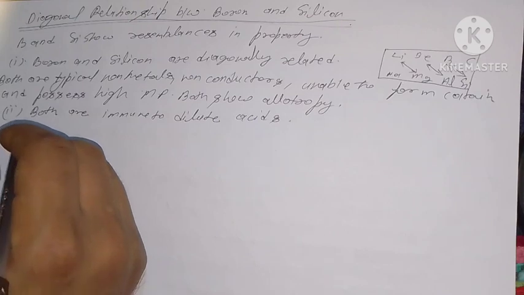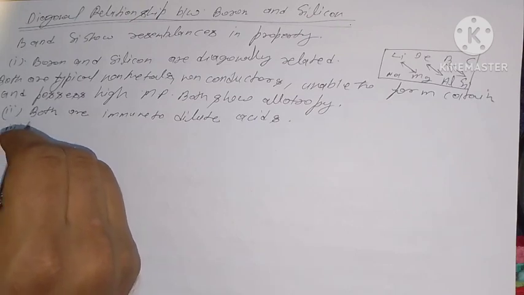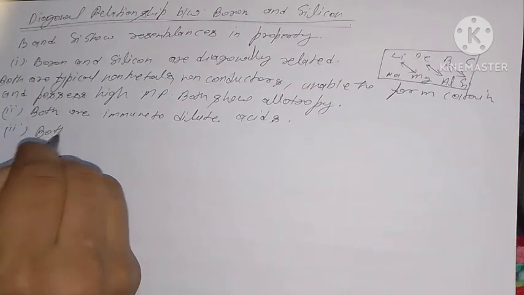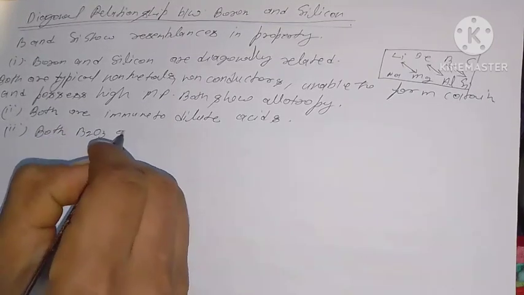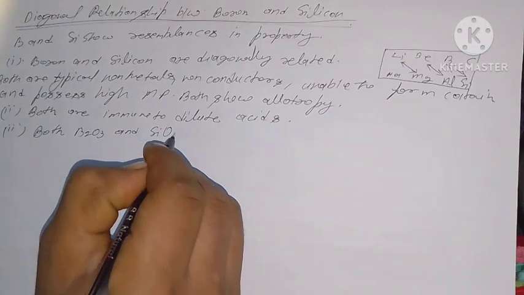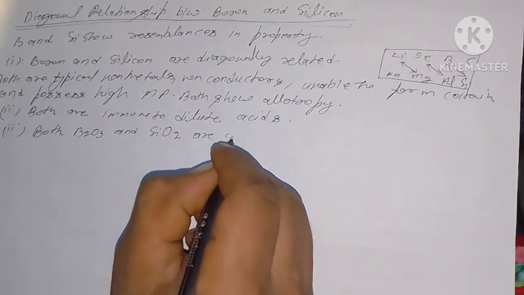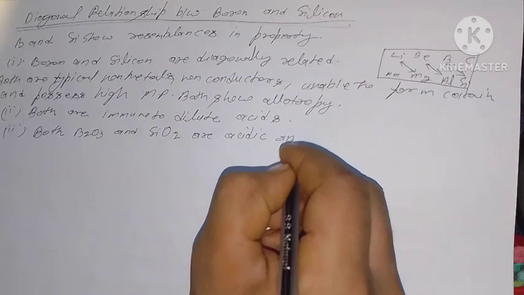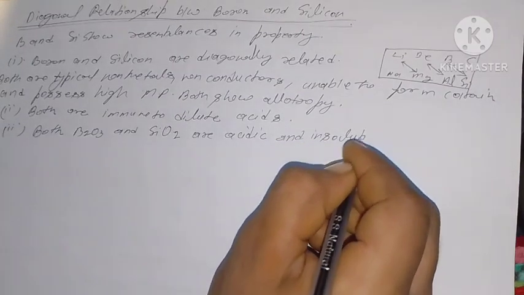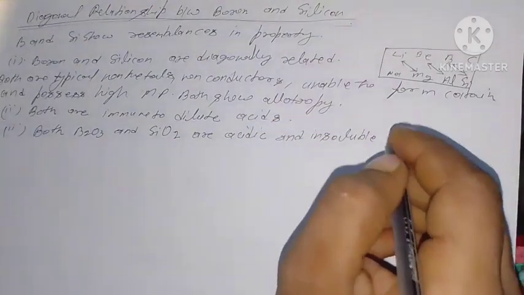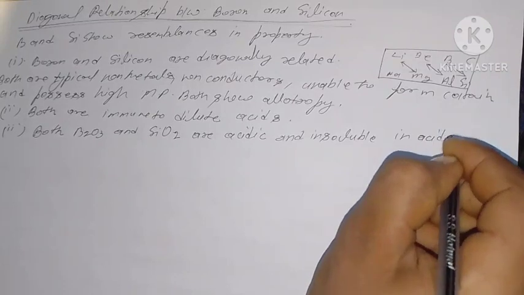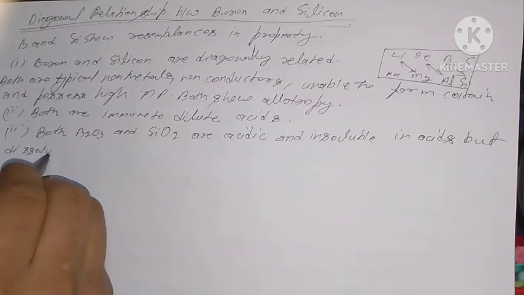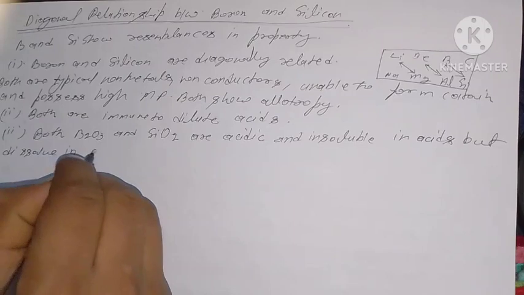Third point, both B2O3 and SiO2 are acidic and insoluble in acids, but dissolve in alkalis.